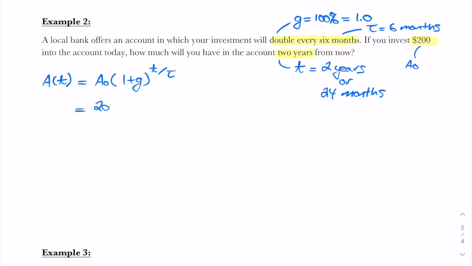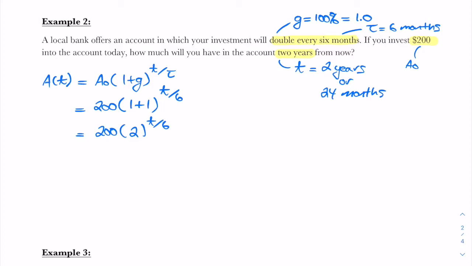That's how much money we've started with. The growth rate is 100% or 1. I'm going to leave little t as a variable for now, but for tau, I'll plug in the 6 months. All right, let's simplify this. So it's 200 multiplied by 2 to the exponent of t over 6.